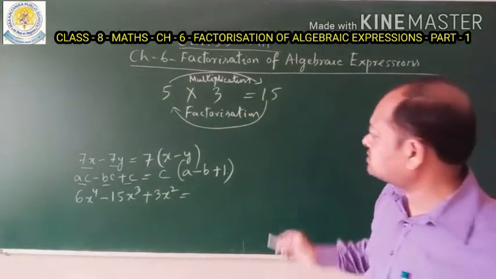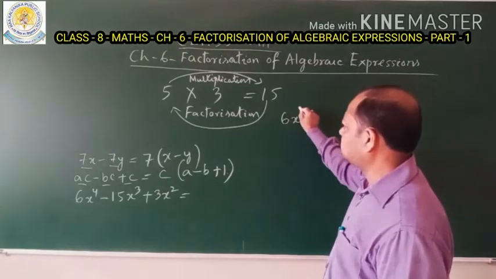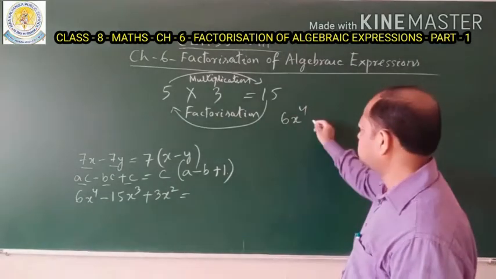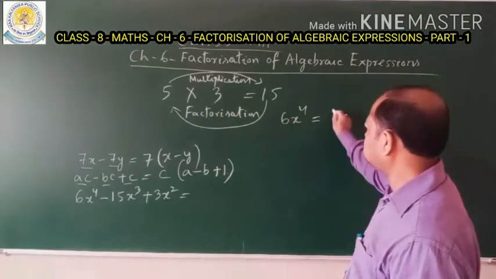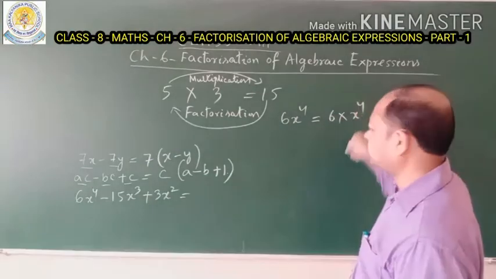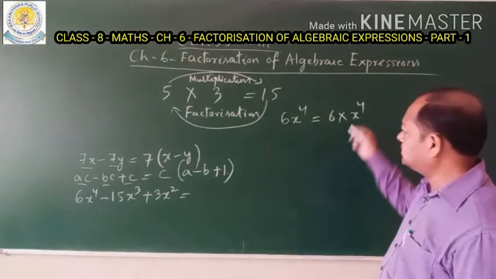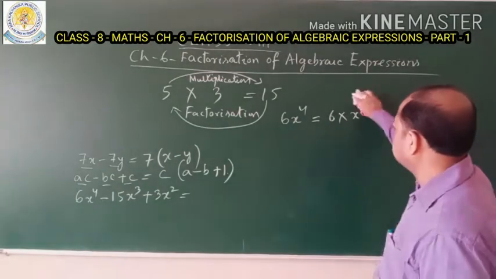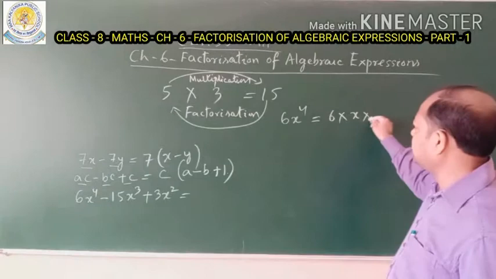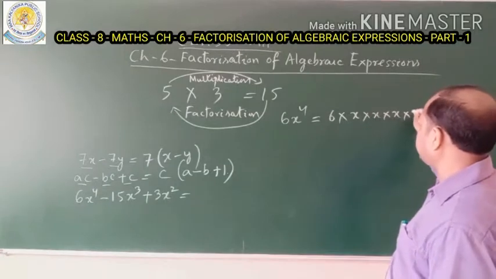Look at the first term, that is 6x to the power 4. So what are the terms here? 6 into x to the power 4. And x to the power 4 can be further factorized. We can write x to the power 4 as x into x into x into x.